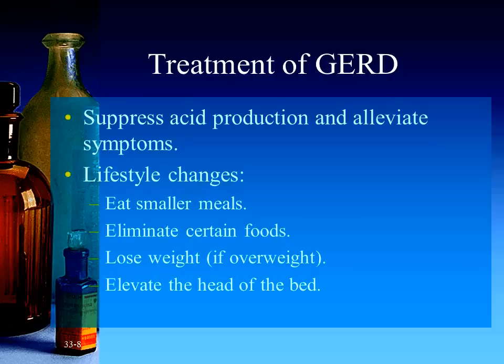So there are some lifestyle things that we will recommend, such as eating smaller meals, putting less in the stomach at a time to help prevent the reflux. Eliminate certain foods. If people are having an issue with certain foods, we can eliminate them. Some people may have an issue with hot, spicy foods. Caffeine, as we talked about, can be a trigger.